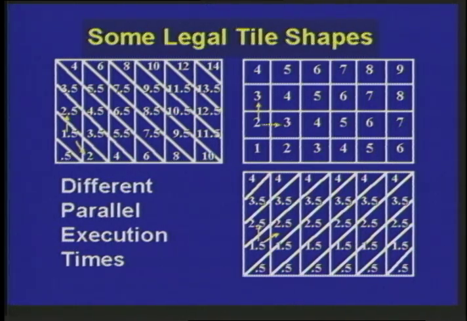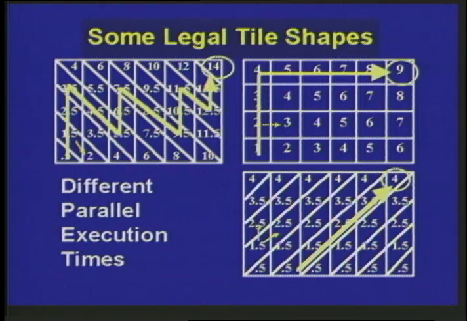And the numbers that I've indicated here are the earliest finishing times of these tiles, given the dependencies, assuming that a full tile takes one time unit. Okay? So if we actually follow through and figure out this earliest finishing time, we get for this first left-hand example the execution time of 14.